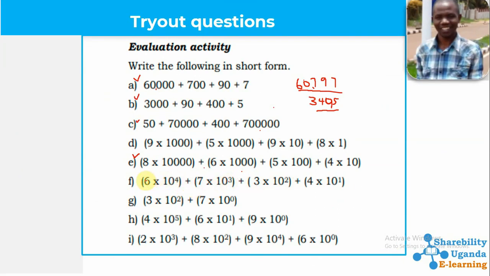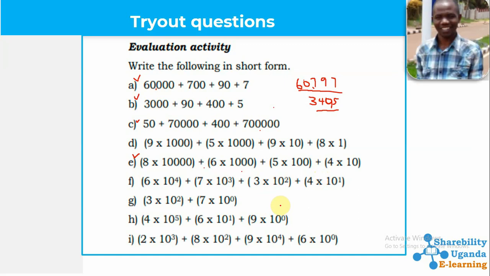Okay, so we have 6 times 10 to power 4. Then we have our 7 times 10 to power 3. Then we also have our 3 times 10 to power 2. Then our 4 times 10 to power 1. Okay, so this is the number that we are having, and we are going to solve it.